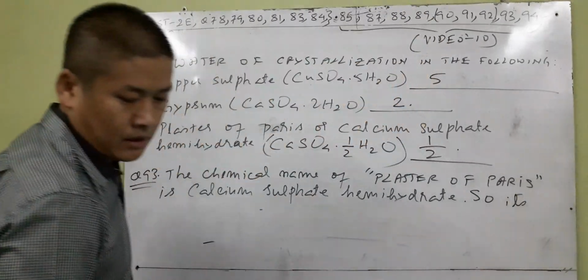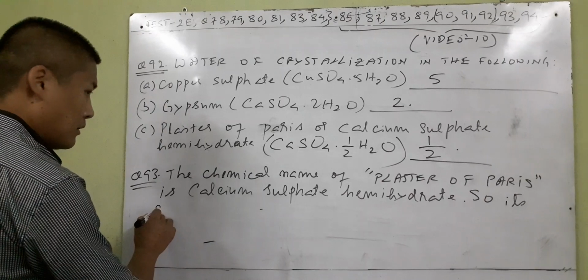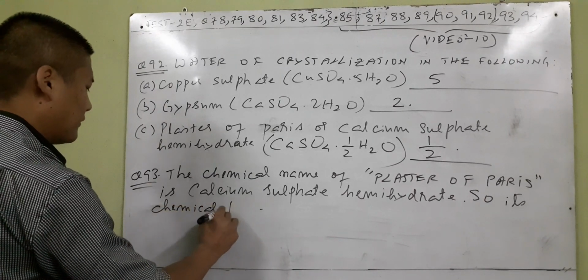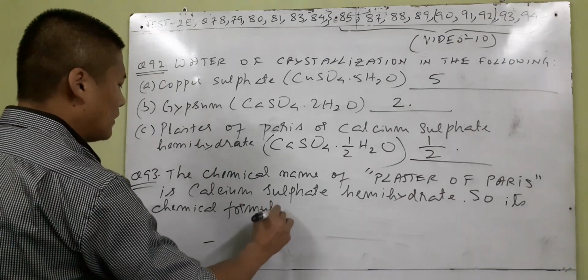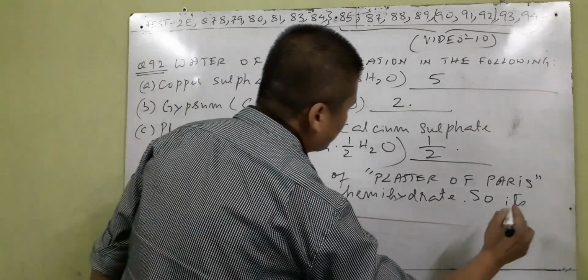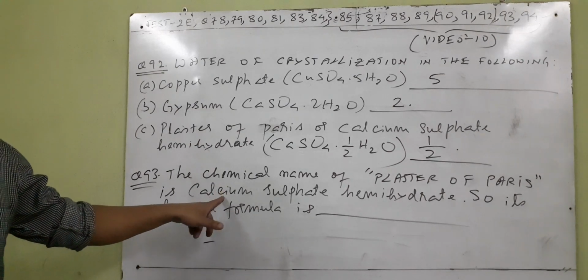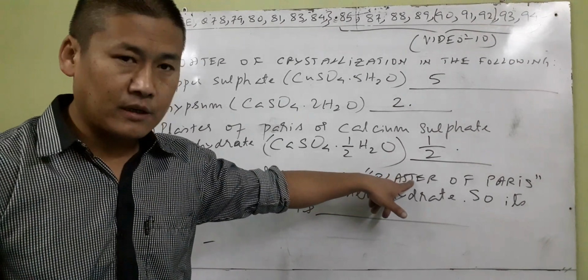Its chemical formula is, and write a blank with your pen and write this one with your pencil. So you can write the formula from the chemical name, the common name cannot give you. Plaster of Paris.